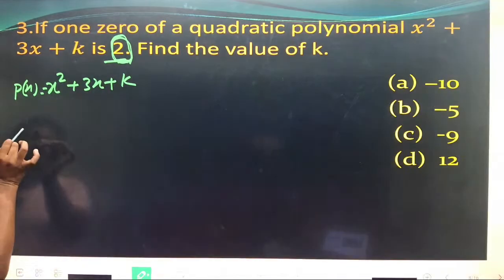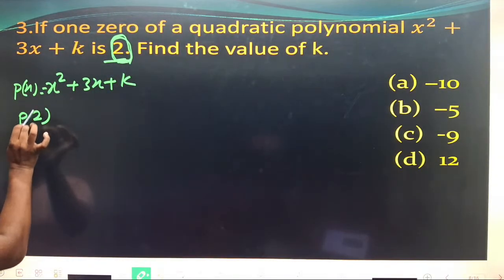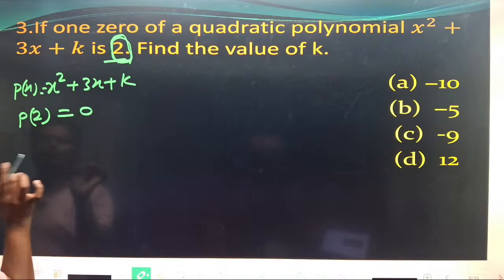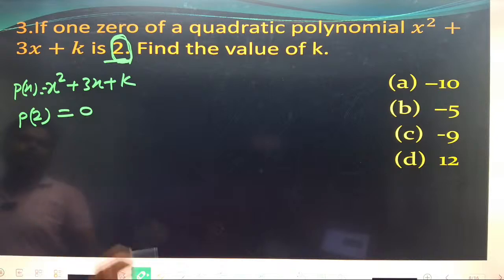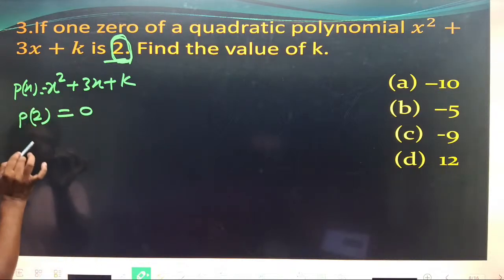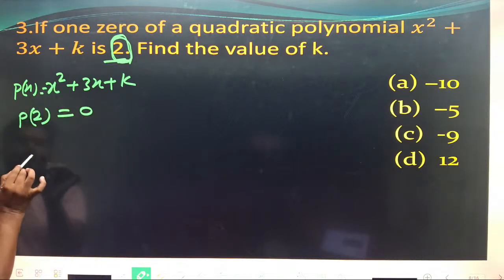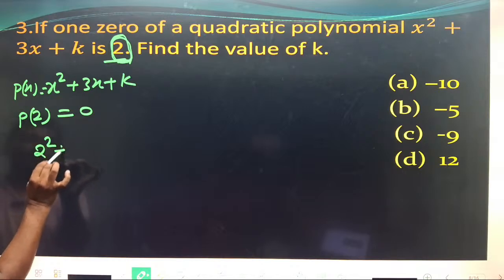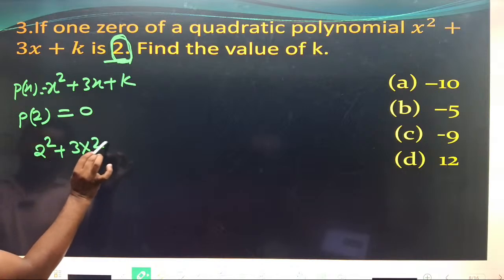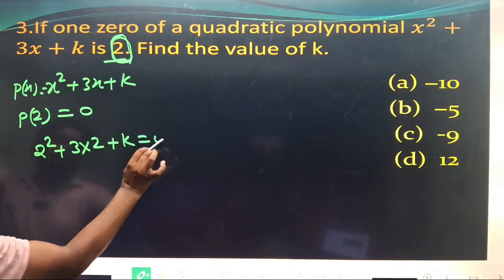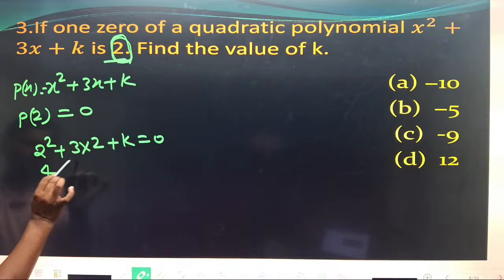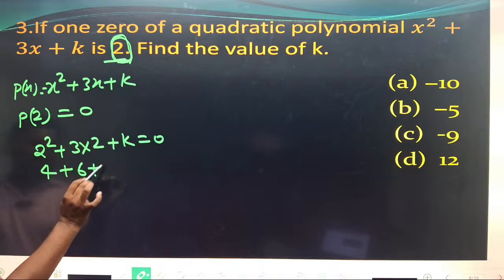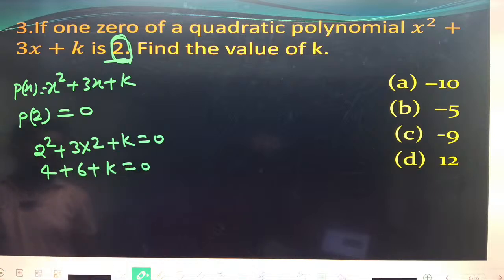Now you put p of 2, and p of 2 is equal to 0. Using this concept, 2 square plus 3 multiplied by 2 plus k equal to 0. This is 4 plus 6 plus k, equal to 0.